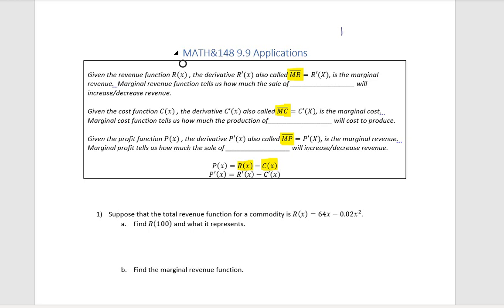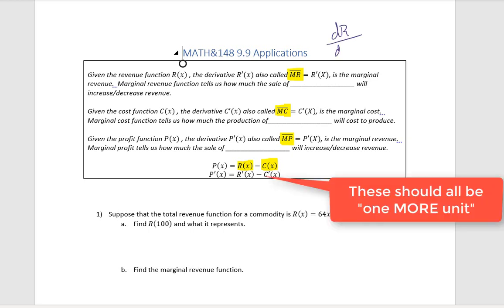So if we look at the derivative, that would be dR over dX, which would be talking about the change in your revenue per item or unit that you're making. So what the marginal revenue tells us is how much the sale of one unit or one item will increase or decrease our revenue.